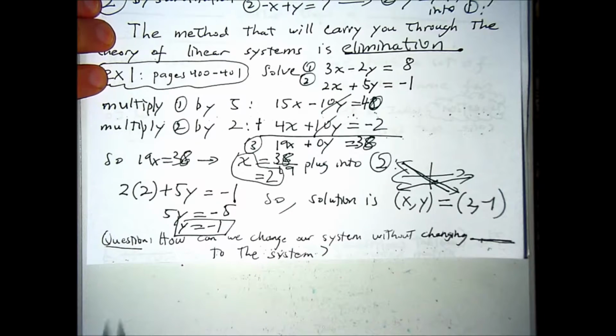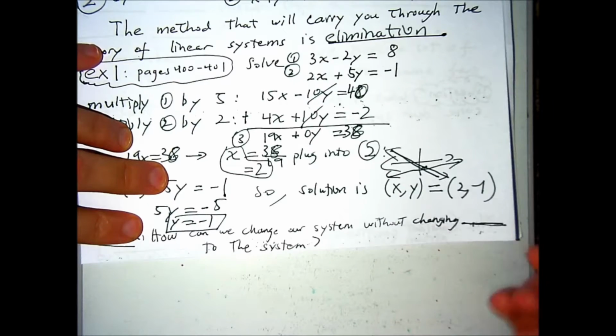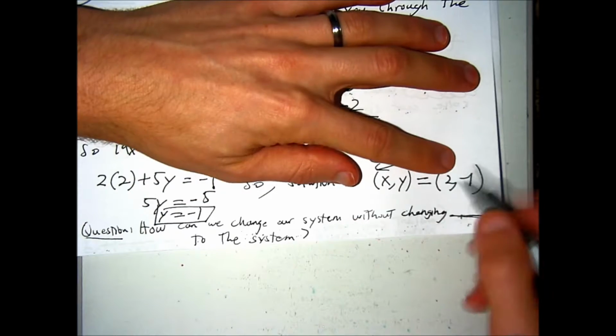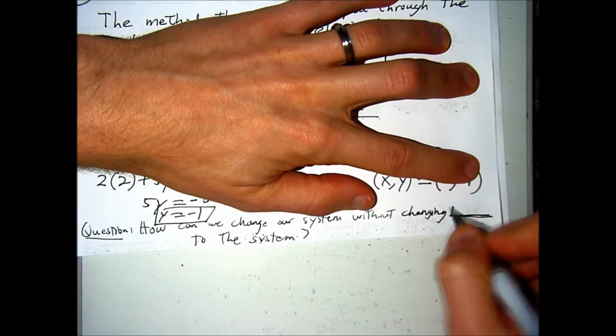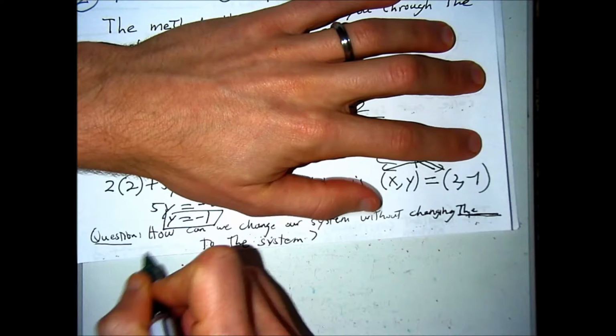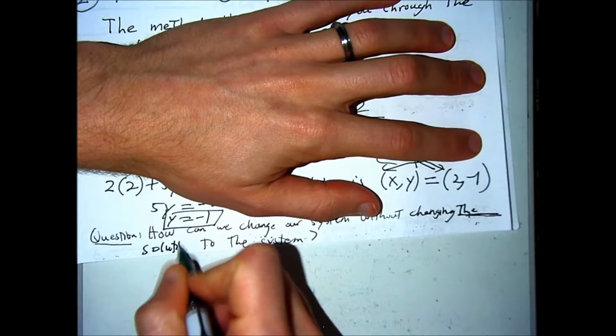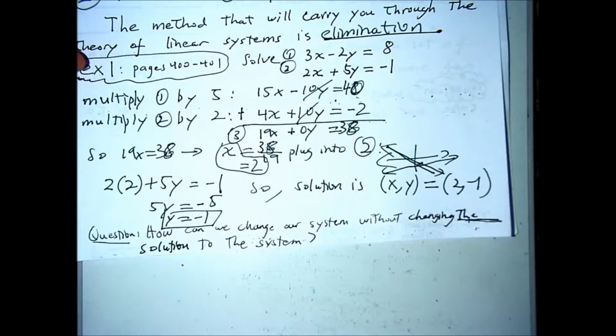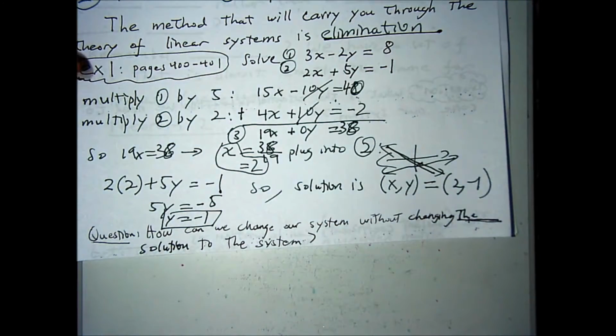So a question is, how can we change our system without changing the solution of the system?